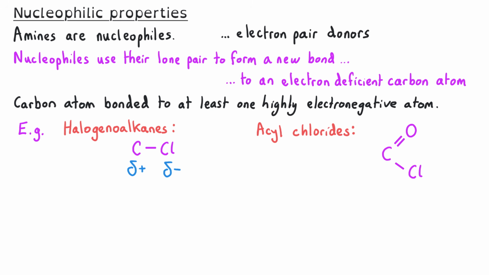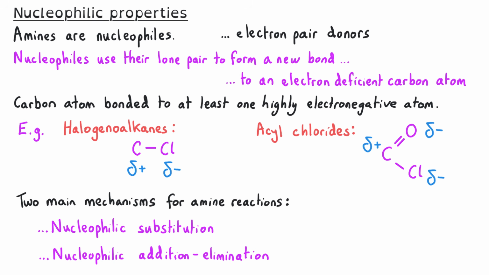In acyl chlorides, the carbon atom is bonded to two highly electronegative atoms, the chlorine and the oxygen, and so the carbon atom will be even more electron deficient than in the halogenoalkane.